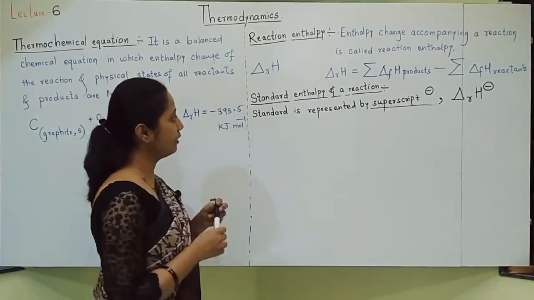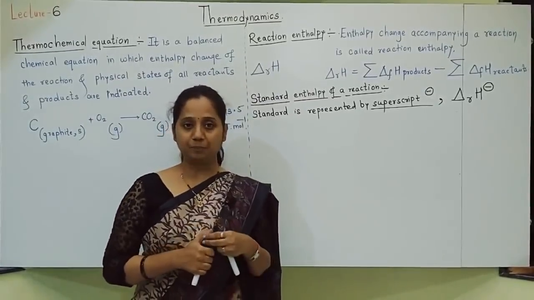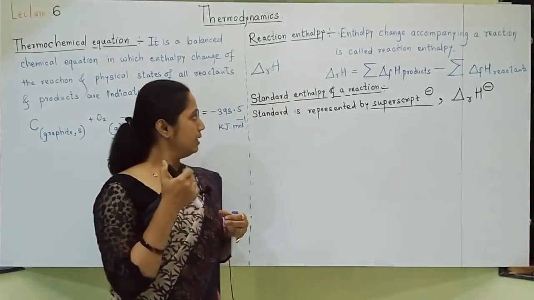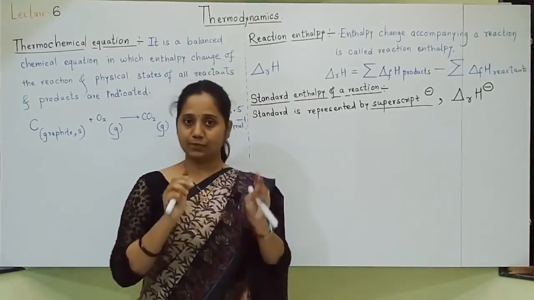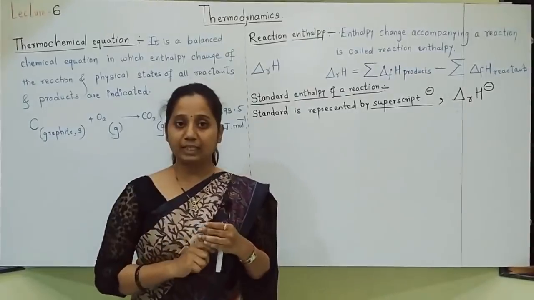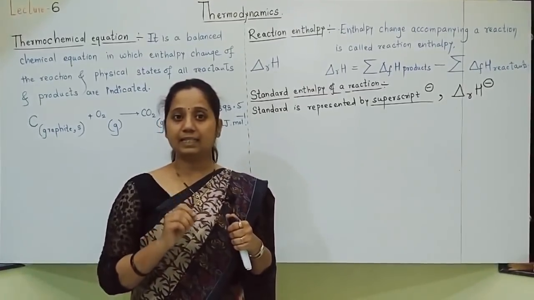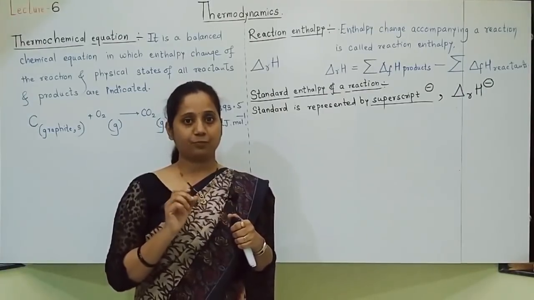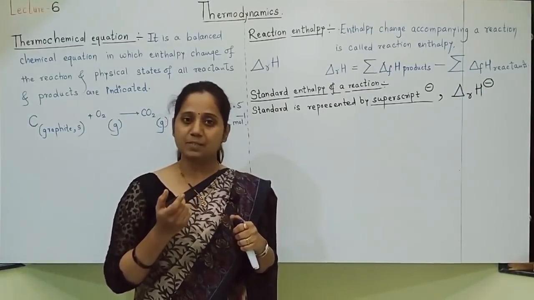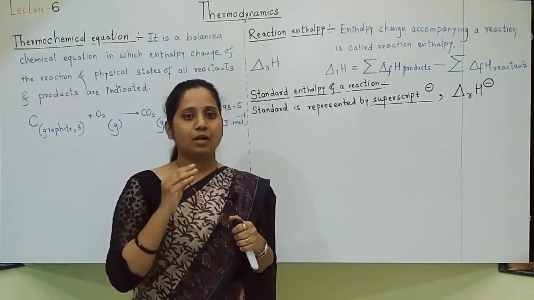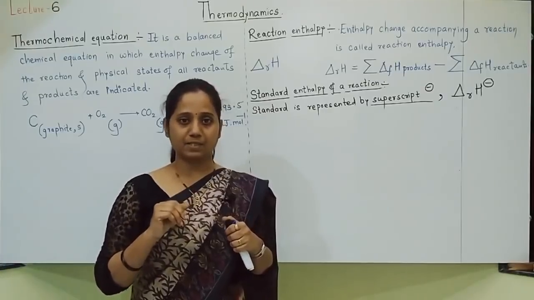Okay, what is the definition of standard enthalpy of a reaction? Standard enthalpy of a reaction is also the change in enthalpy when all the participating substances are in their standard states. What do participating substances mean, students?